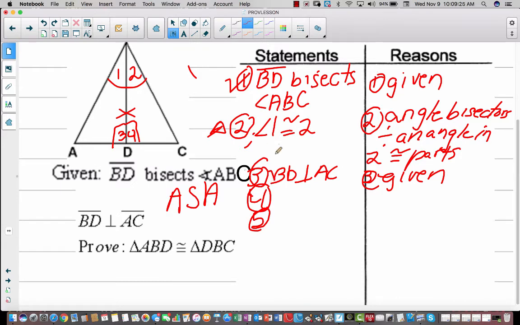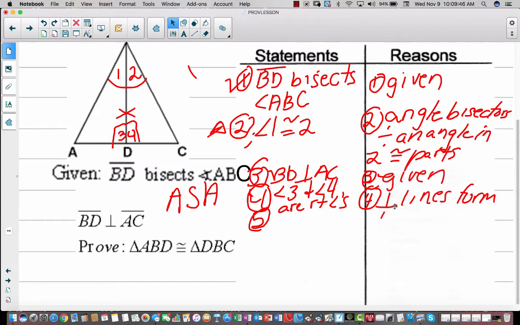So I went back to the picture. My right angles were located by angle 3 and angle 4. So angle 3 and angle 4 are right angles because the definition of perpendicular lines is that they form right angles.